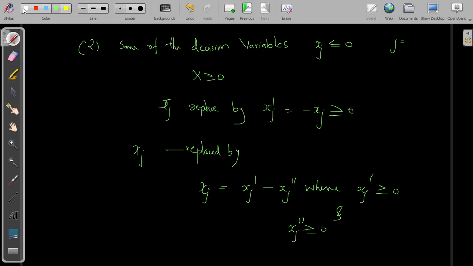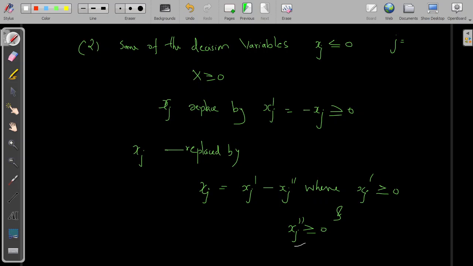That means xj can take positive, negative or 0 values, but xj is replaced by xj dash minus xj double dash, and this xj dash and xj double dash can take only positive values.